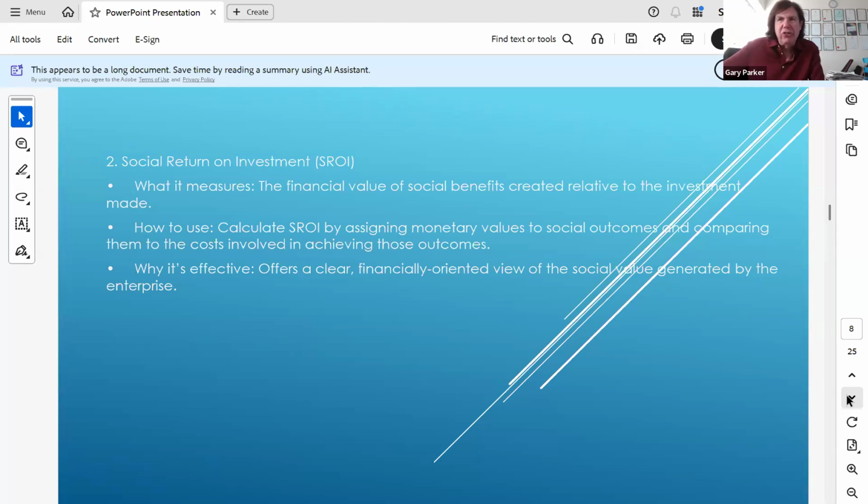And in that case, it resulted in less visits to the doctors over periods of time. So the difference between the two in financial terms was the social value generated by the enterprise. And that's one way to do that financially.